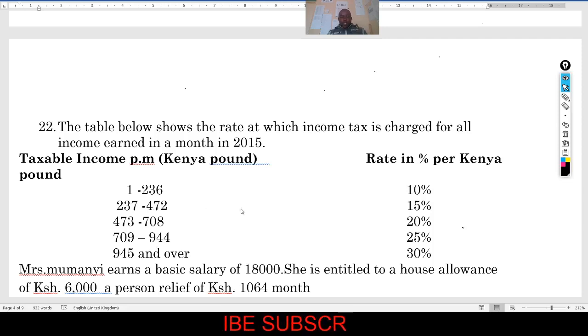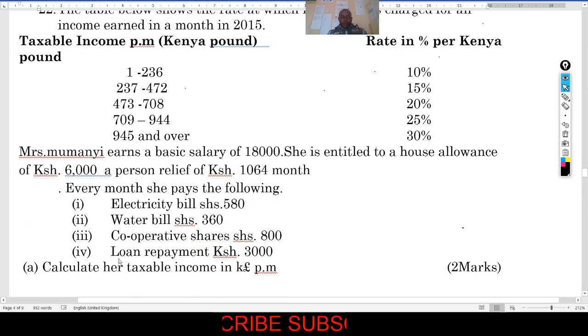To get the taxable income, we are told that this person earns a basic salary of 18,000, entitled to a house allowance of 6,000. So the taxable income equals basic salary plus allowances.